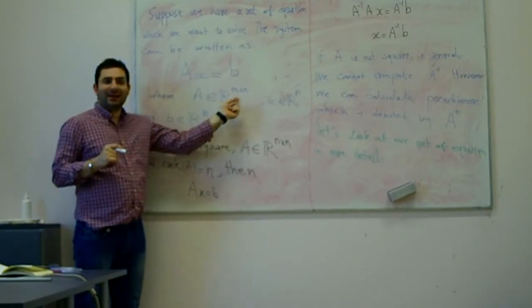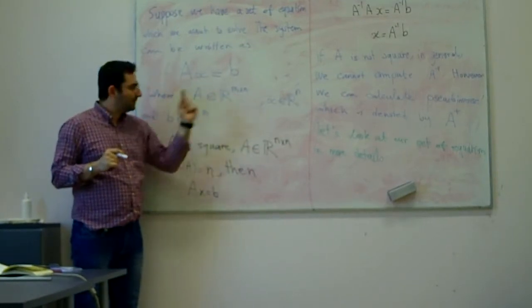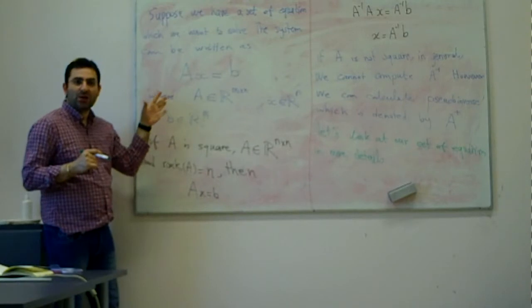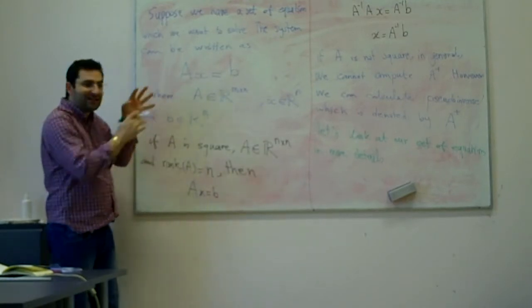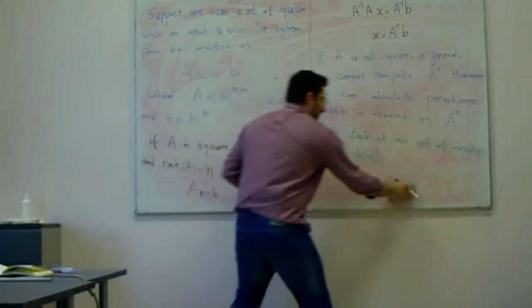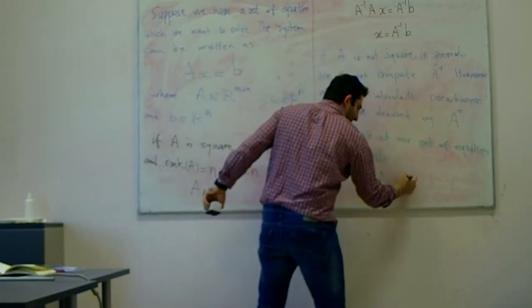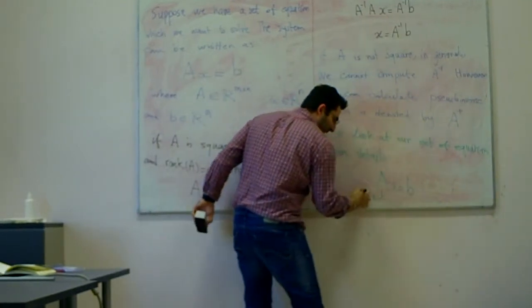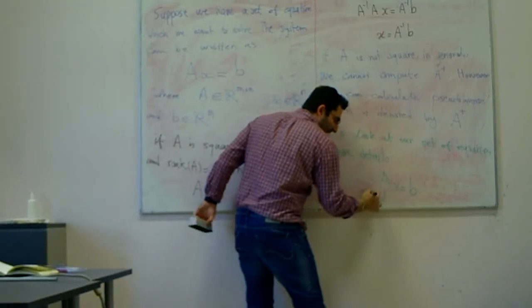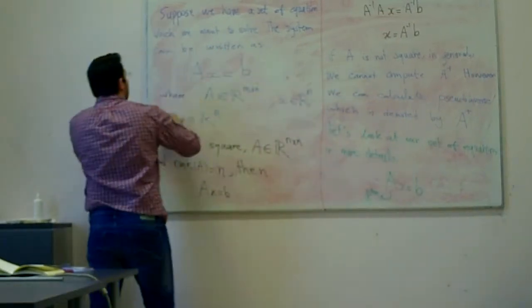A is R m by n, so it is not squared. Let's see it in a bit of detail. So we have this Ax is equal to b, because I erased it, so I want to write it down. It is R m by n, and the rest you can guess what the sizes are.